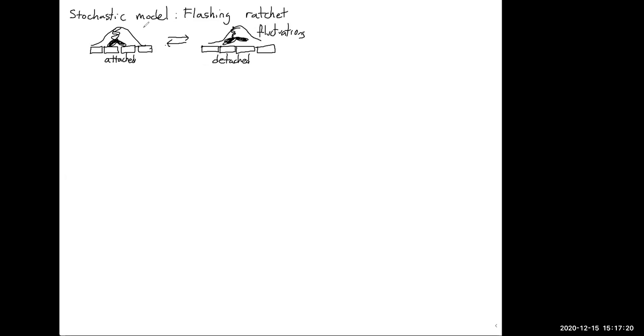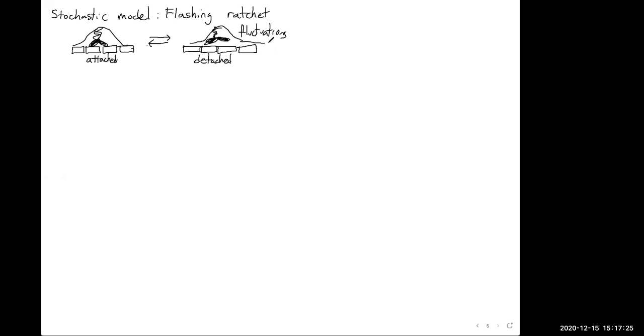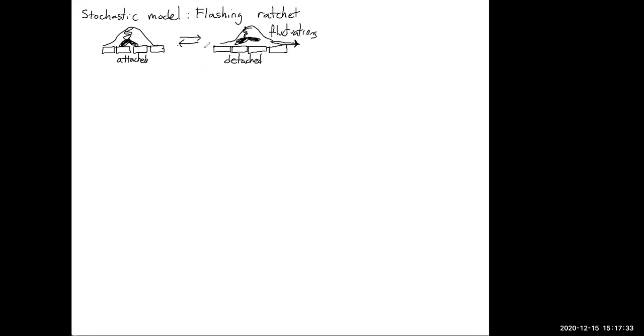As a result of this switching, the motor will have a net motion in one direction. So what we will say is that each of the different states is encoded as a diffusion in a position-dependent potential that is periodic and asymmetric.